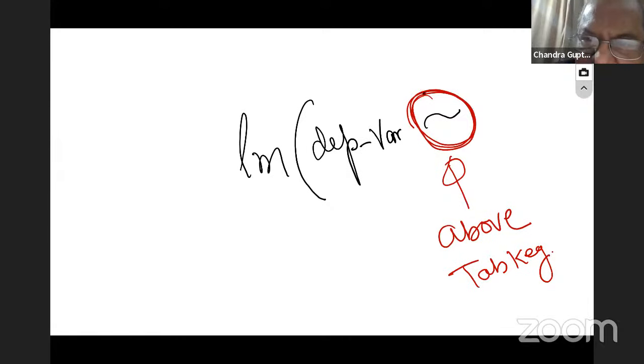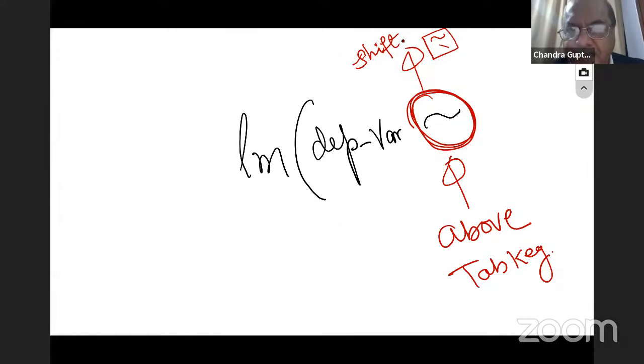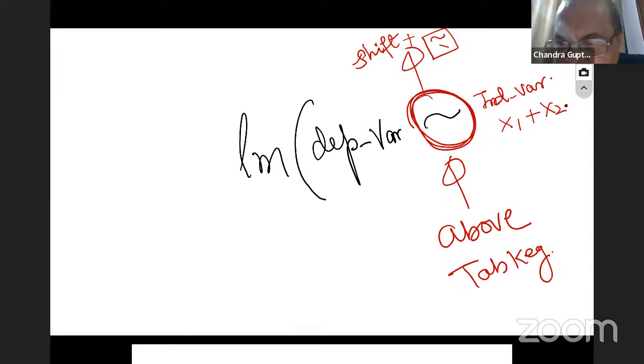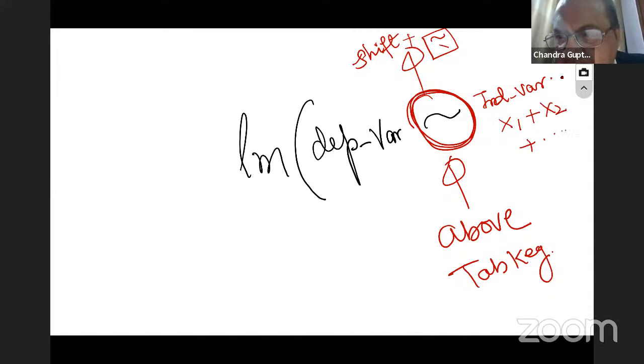So to activate this, press shift and the key having this sign. After that, you write the independent variable. And if you have more than one independent variable, then you write x1 plus x2 like this. That's the regression equation.